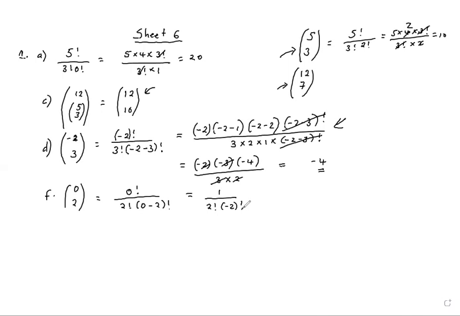The reason why what you're saying works for F and not for D is because this guy here, its factorial does not terminate. If you try to simplify and get the actual value, you get 2 times 1, which is just 2.